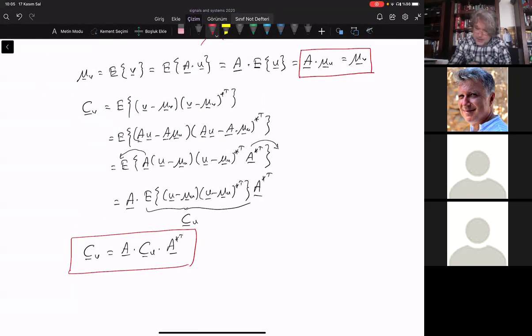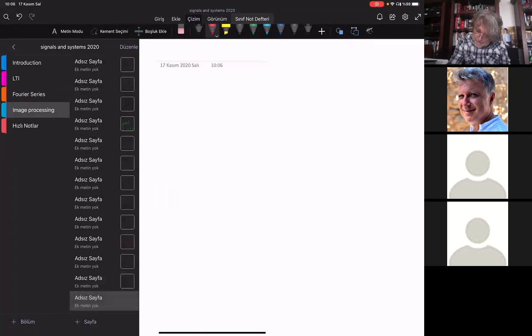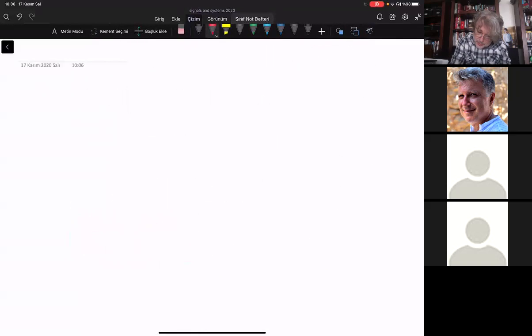Okay. Before giving a break, we can talk about a few example transforms. And the first example transform that we will be talking about is the finite transforms.